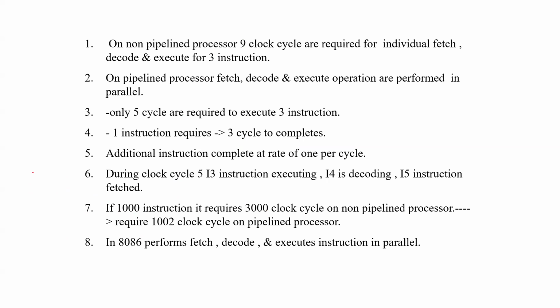If 1000 instructions are required, 3000 clock cycles are needed on a non-pipeline processor. Suppose 1000 instructions are there. Same thing, it will be only 1002 clock cycles needed for a pipeline processor.